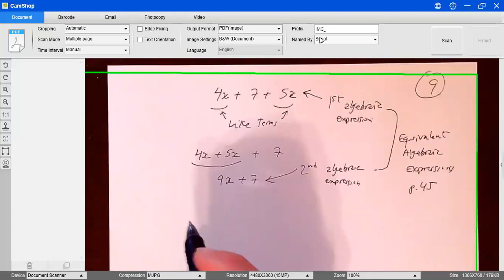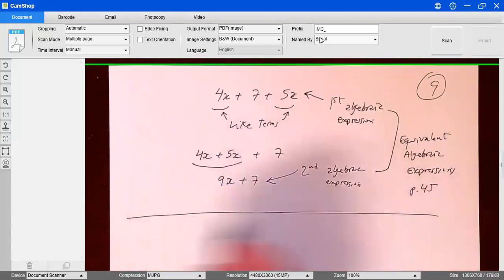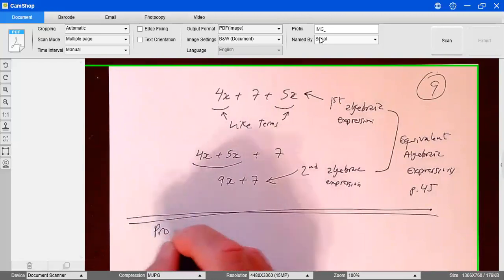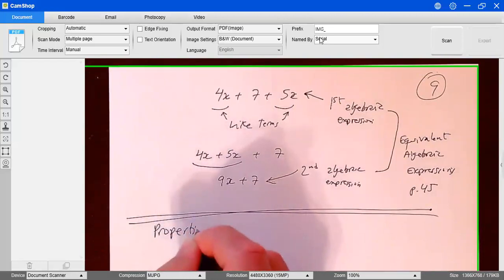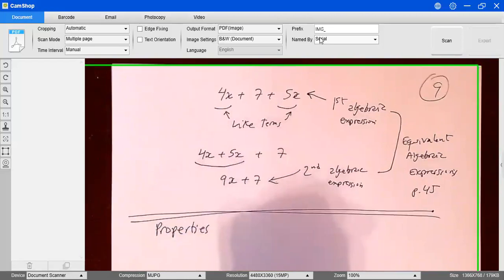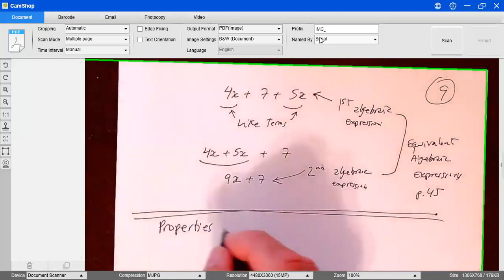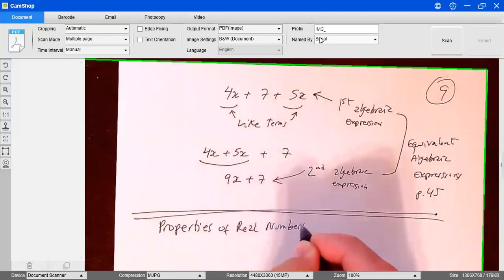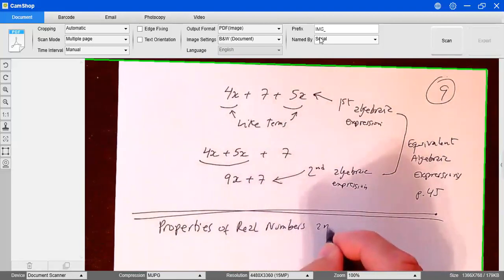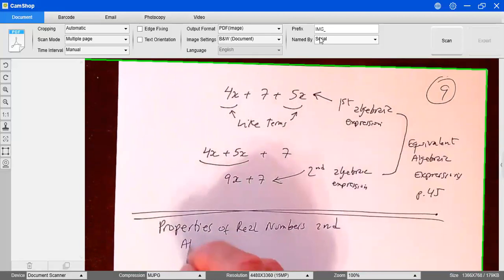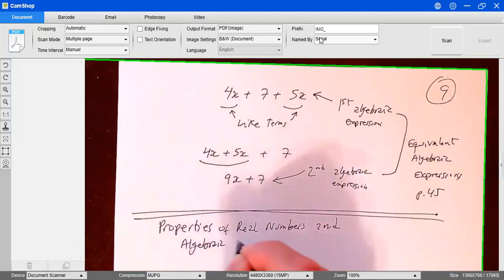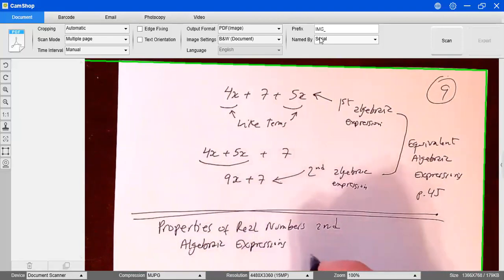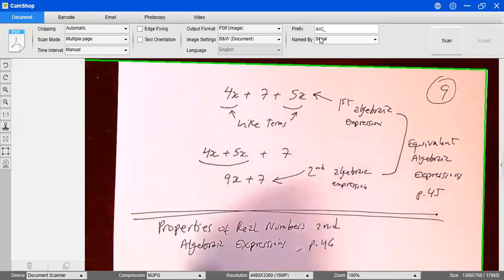So I'm going to summarize these properties. I'm going to show these properties for you directly in the book. There is one that is very important and that we're going to need to learn very, very well. So properties of real numbers and algebraic expressions. This is on page 46.